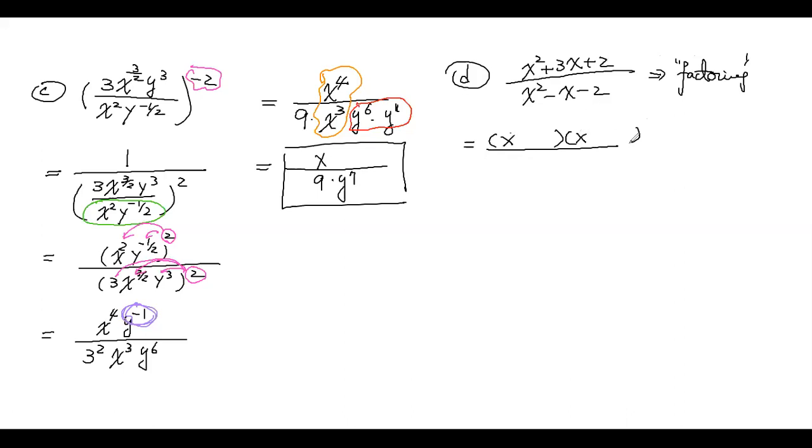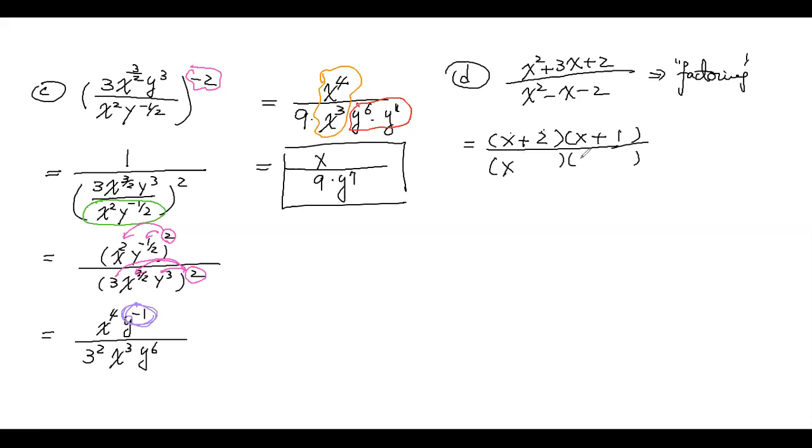For the 2, I can break it into 2 and 1, so 2 times x is 2x, and 2 times 1 is 2. Then here, this is 3x, so I can put a plus and a plus. If you don't know how to factor this one, then you really need to go back and review factoring, okay? This is a very basic one.